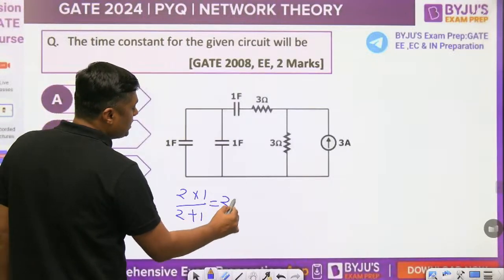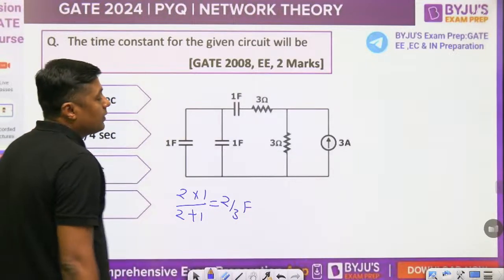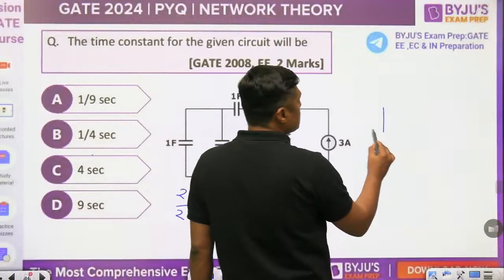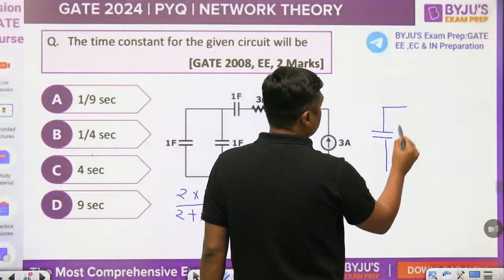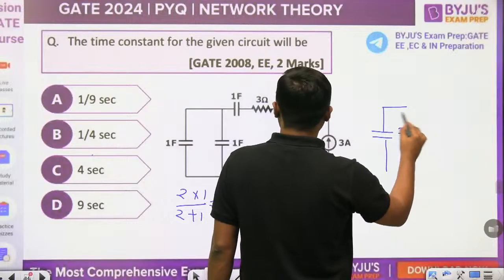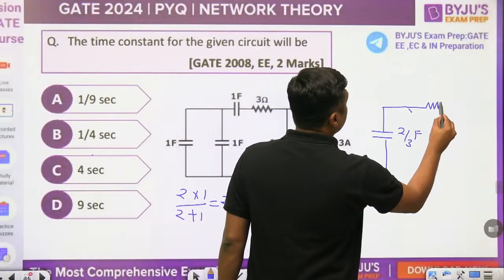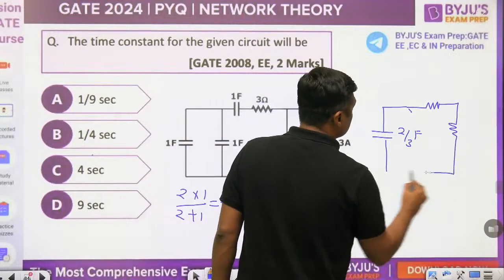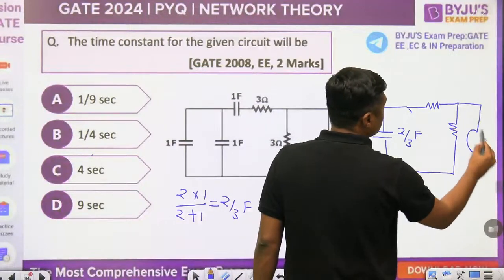That is 2 by 3 farad. This is the capacitance equivalent, 2 by 3 farad. And here we have the battery. This is the current source.